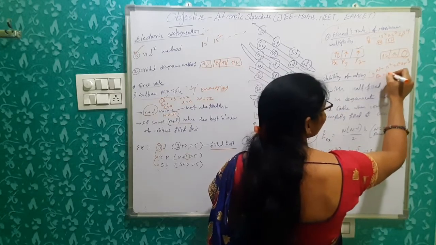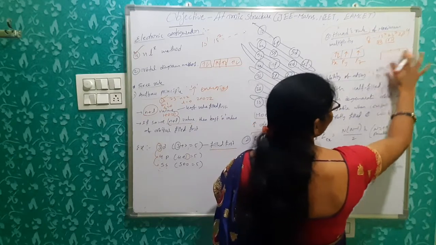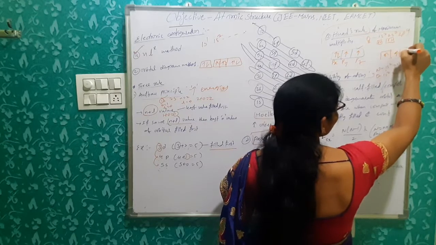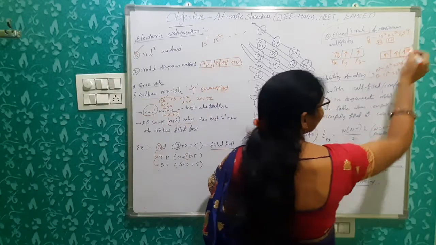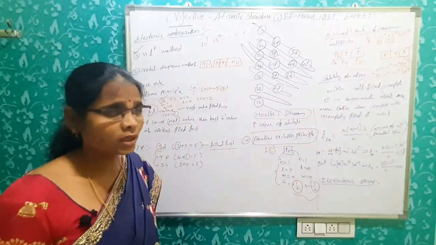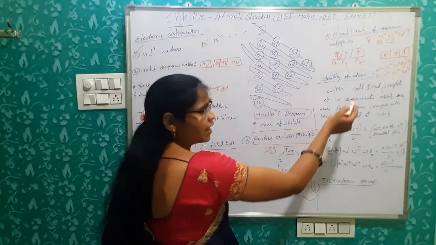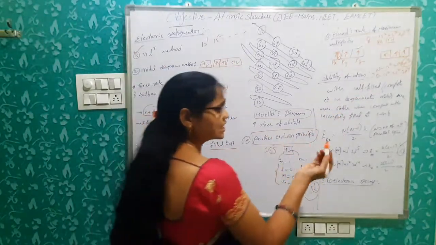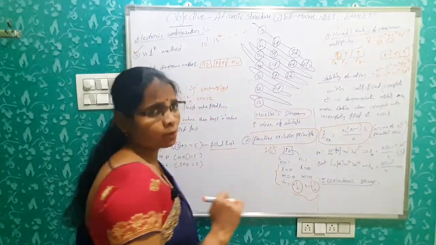Oxygen is 1s2, 2s2, 2p4. So 2p3 in nitrogen is a half filled configuration, each orbital filled with one electron. Due to this, the nitrogen atom is more stable when compared with oxygen, because oxygen has an incompletely filled configuration. With half filled or completely filled configurations, the atom gets extra exchange energy. So that's why they are stable.